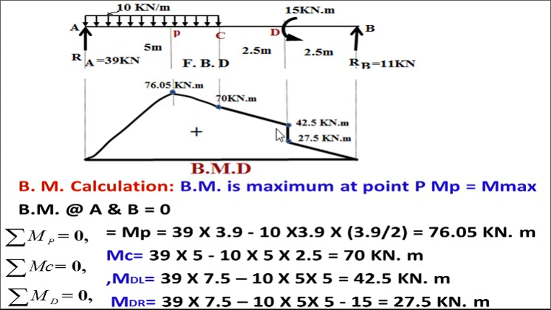So from C to A, this particular line will be a second degree curve, and here it must be a straight line. While drawing the bending moment diagram, here you must write this is a straight line or first degree curve, and this is a second degree curve.